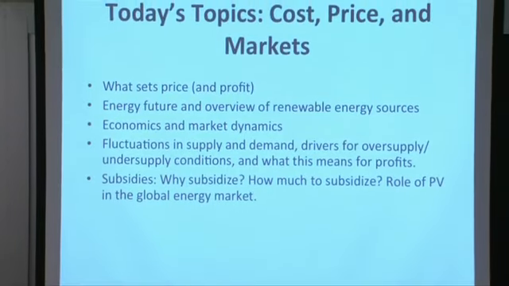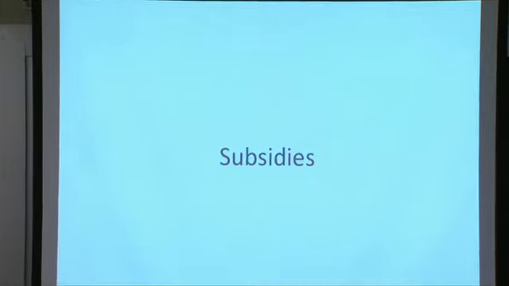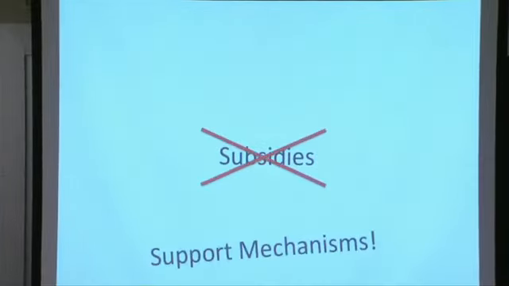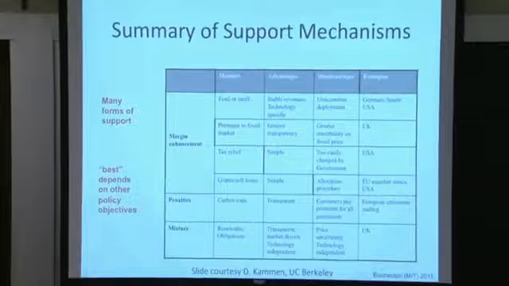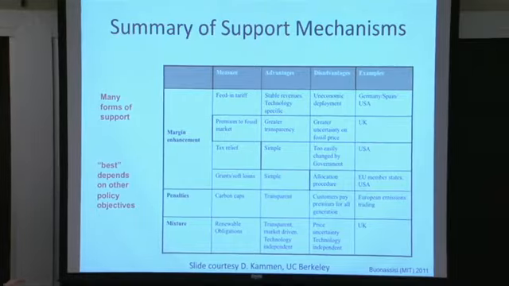We're going to talk again about the dynamics of price, and that is driven in large part by, well, we agreed to call it different things: support mechanisms, tax breaks, incentives, but in reality they're support for PV.